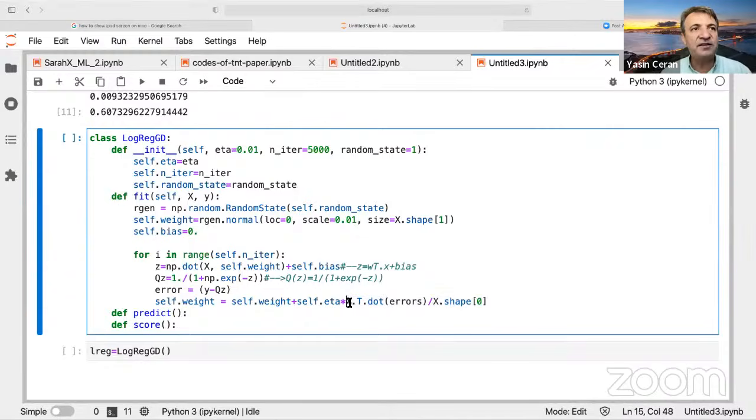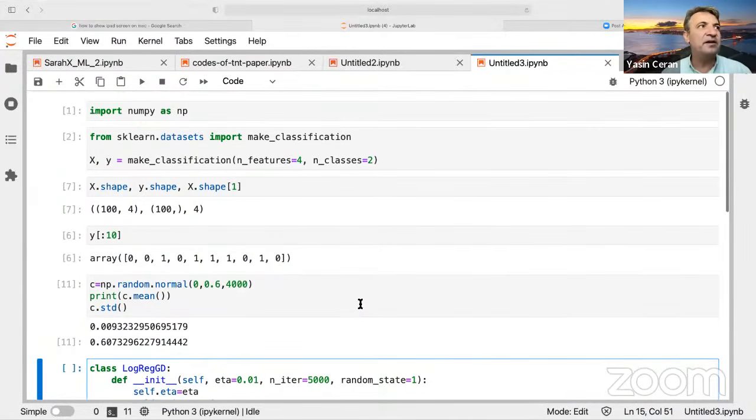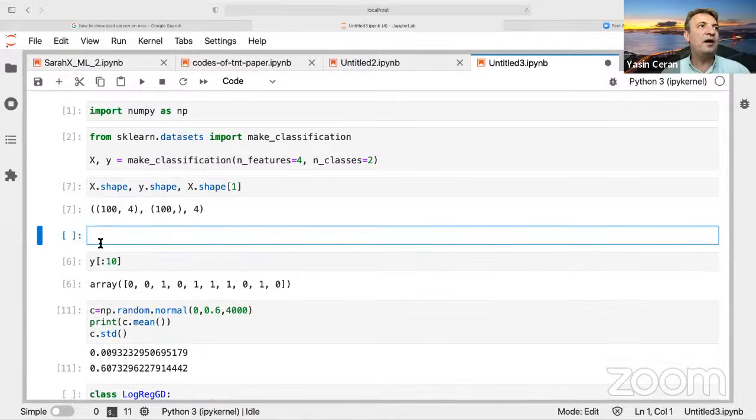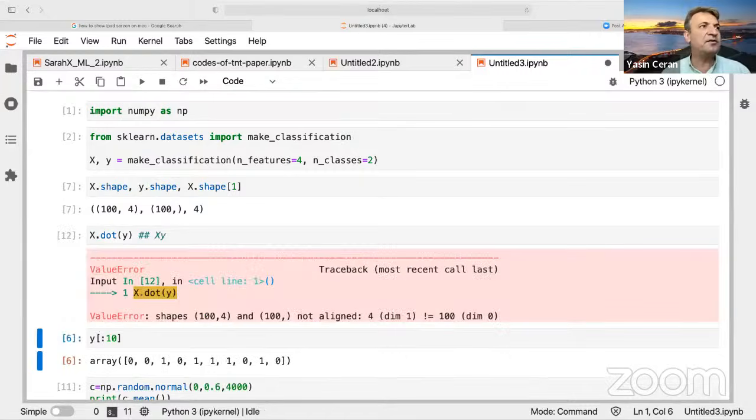What is this X transpose business here? Let's go back here. If I were to multiply X dot Y, basically X times Y, it's going to give me an error.